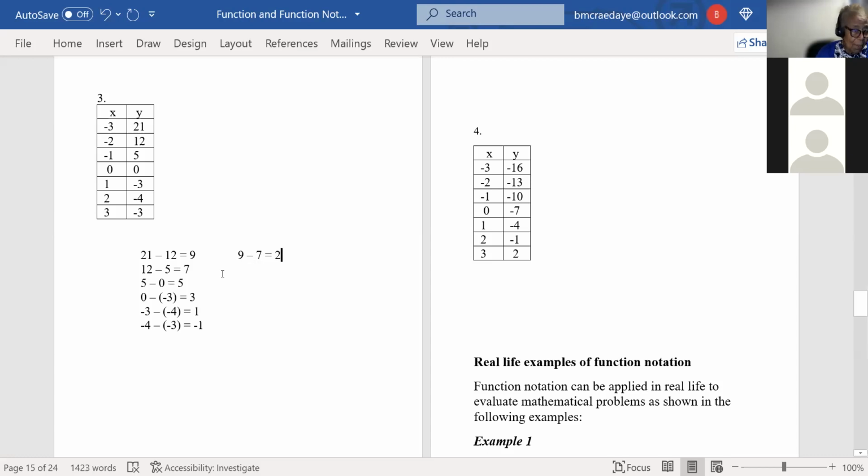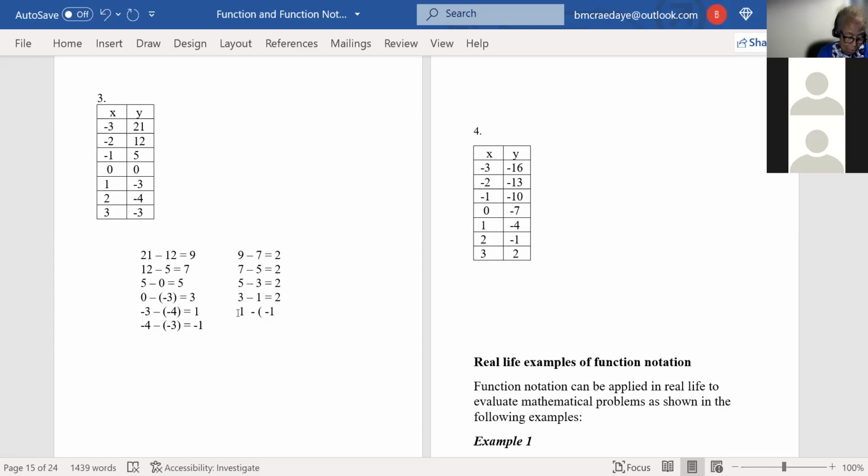Now what's 7 minus 5? Let's take our next difference. 7 minus 5 is 2. 5 minus 3 is 2. 3 minus 1 is 2. What's 1 minus a minus 1?